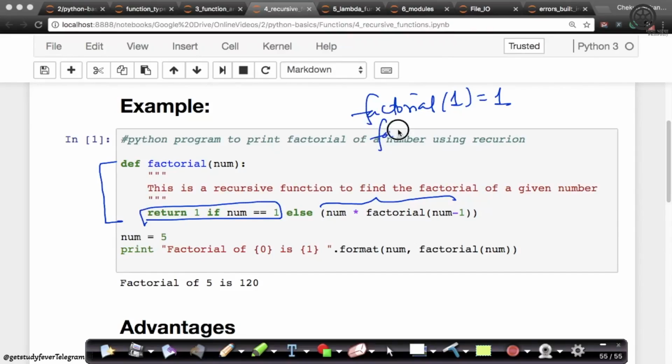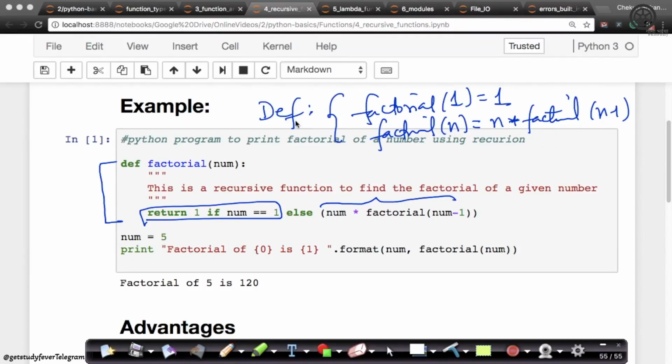So what am I saying here? Factorial of n is nothing but n multiplied by factorial of n minus 1. This is the definition of factorial. I'm just using the definition of factorial itself. And this whole thing is literally one line of code.